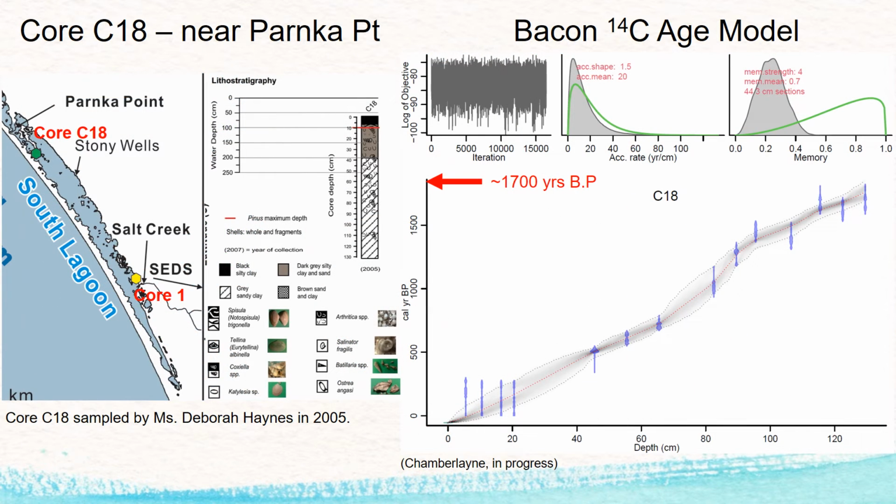We have 2 sedimentary cores in the South Lagoon, the C18 core near the Parnka Point and the core 1 near the Salt Creek. So the C18 core was sampled in 2005, spanning about 130 centimeters and 1700 years based on the Bacon age model.